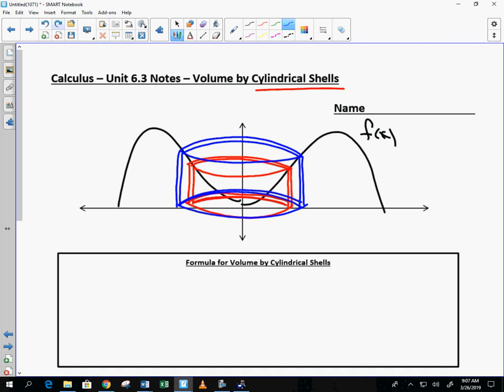Anybody ever fired a weapon and you get a gun casing shell from that? Really, really thin on the outside, hollow on the inside, right? Same type of thing that you're getting right here.